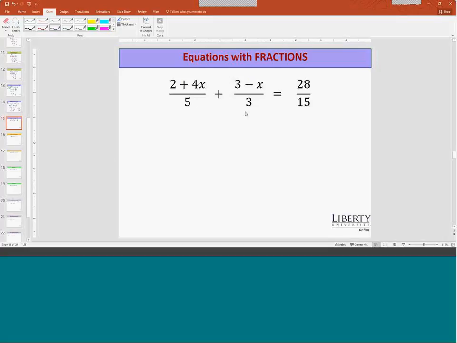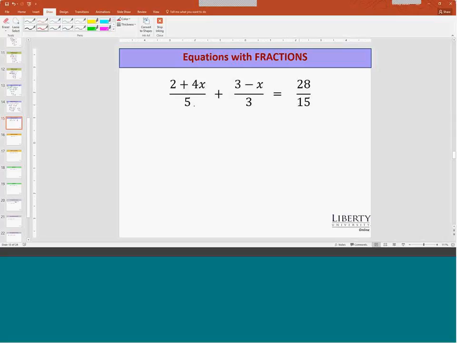Okay, now we've got two big fractions. I call them chunky fractions because they've got numerous terms in the numerator, so it makes them look kind of large. You still have single values in the denominator. So again, we will multiply both sides, or every term on the left side is going to get multiplied by the least common multiple of all the denominators, of 5, 3, and 15.